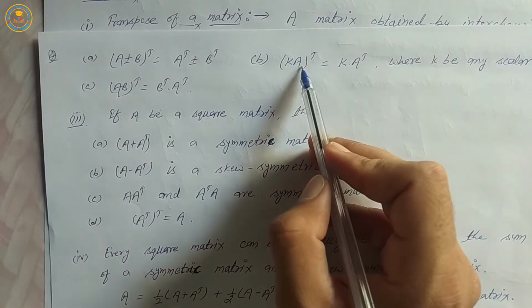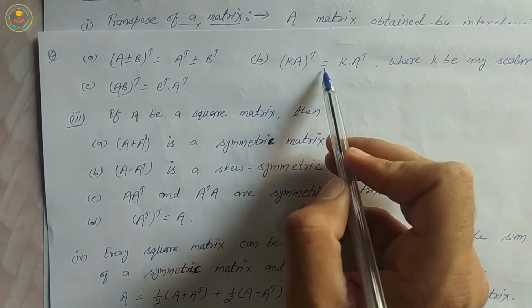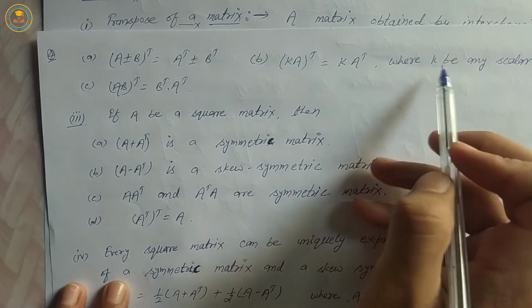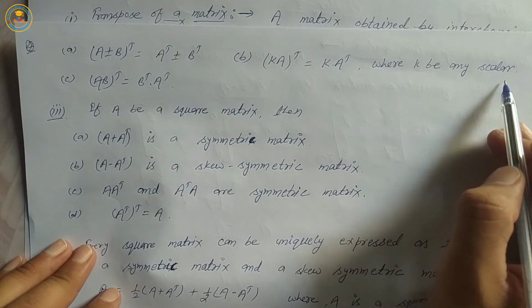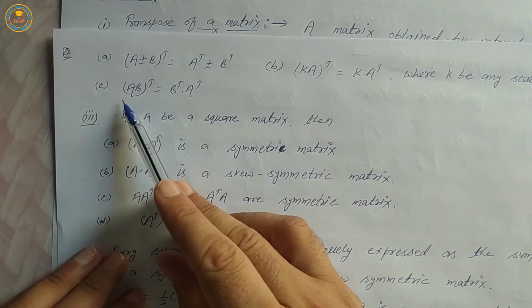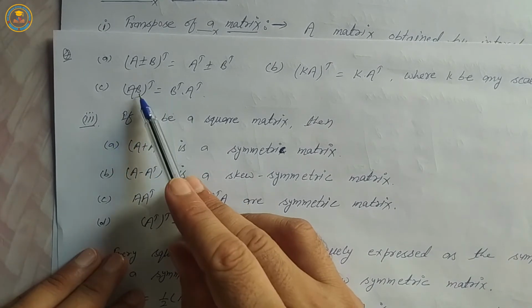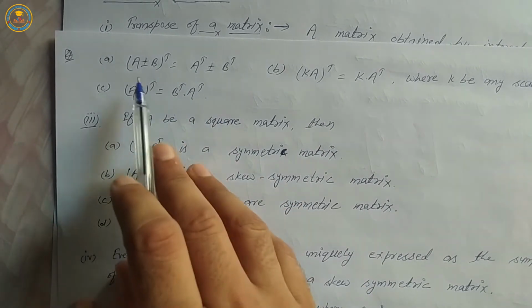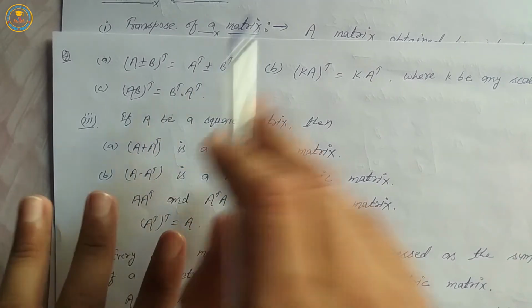Second, (KA)^T is equal to K A^T, where K is any scalar constant, such as 2, 3, 4, 5, 6, anyone. Third, (AB)^T is equal to B^T A^T.